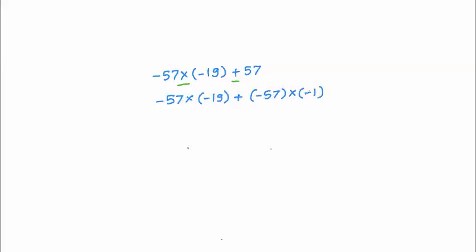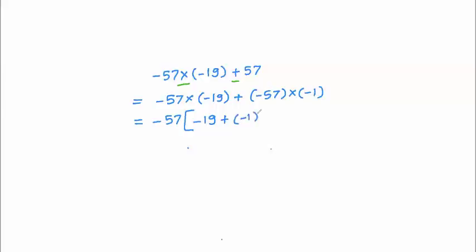Two minus signs result into plus, so plus 57. Now I can easily see that minus 57 is common. So I'll take minus 57 as common, and inside my bracket, from this multiplication, what is remaining is minus 19. While going to the next one, in between I get a plus sign, so I'll write that plus sign here. And then from minus 57 into minus 1, what is remaining here? Minus 1.